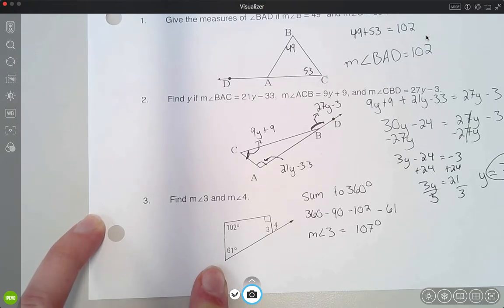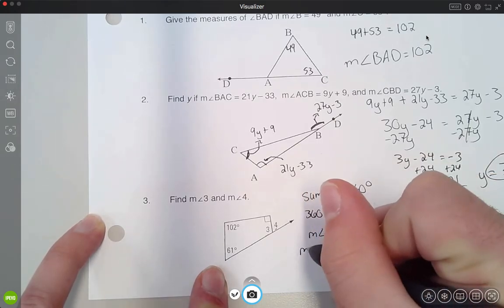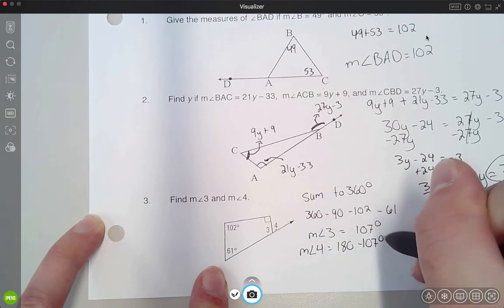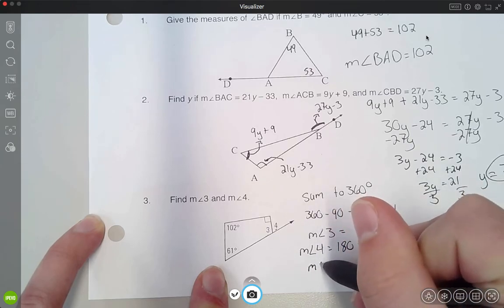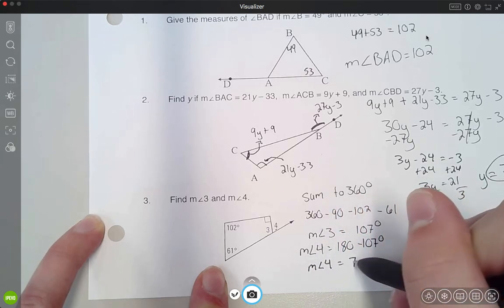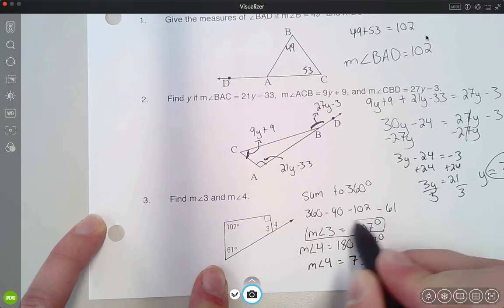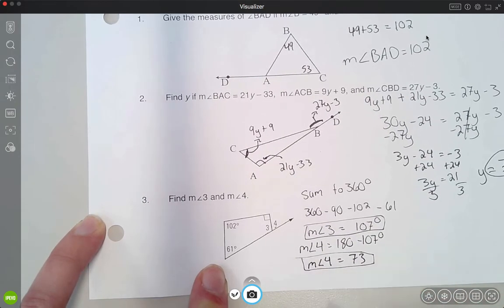From there, I can use that to find angle 4. So I know that the measure of angle 4 is going to be 180 minus that 107. And again, I can do that quickly on a calculator. The measure of angle 4 then is going to be 73. So the measure of angle 3 here is 107, and the measure of angle 4 is 73.